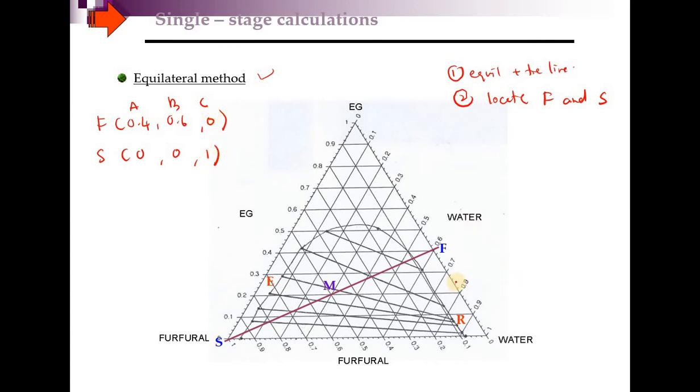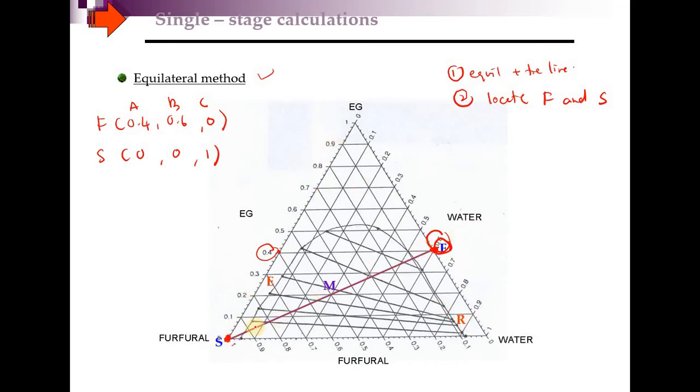So let's see. Water is 0, A is 0.4, and water 0.6, and C is 0, which means F is here. The coordinate for S is 0, 0, 1, so the coordinate is here.